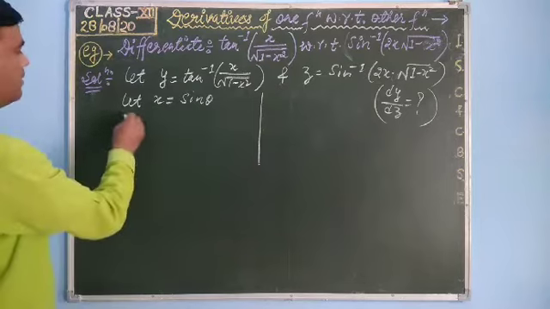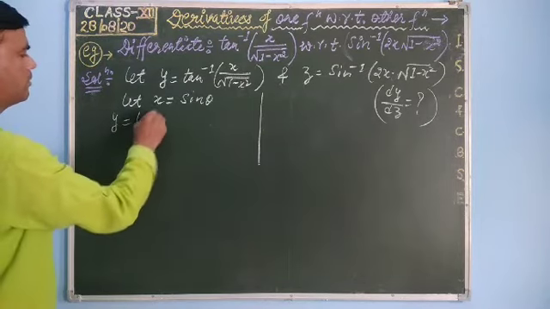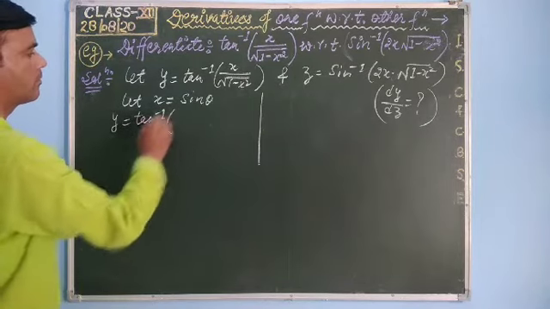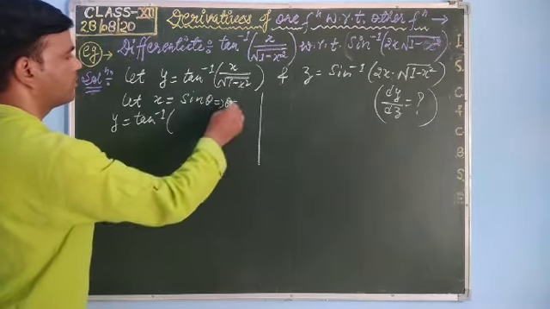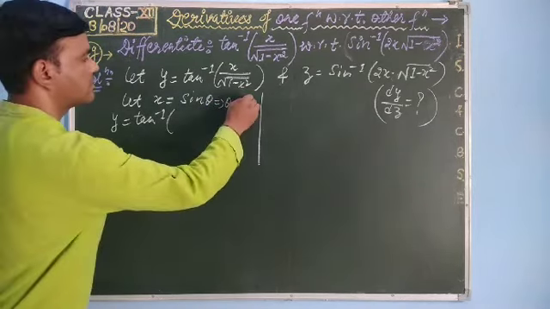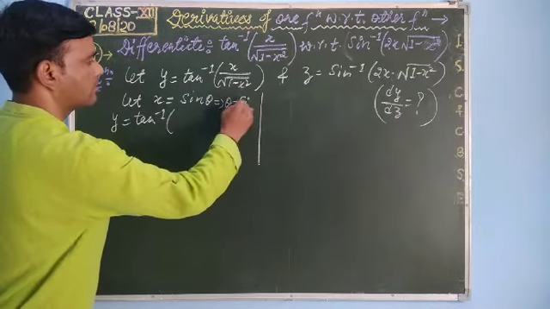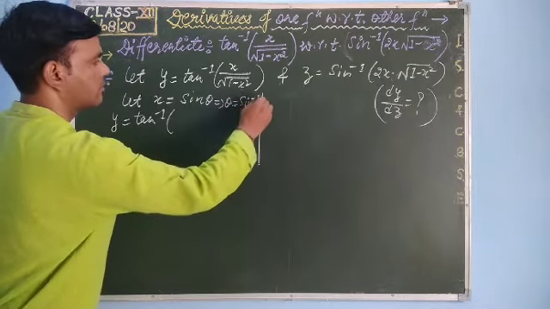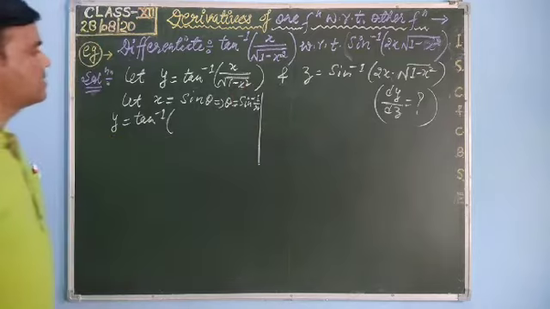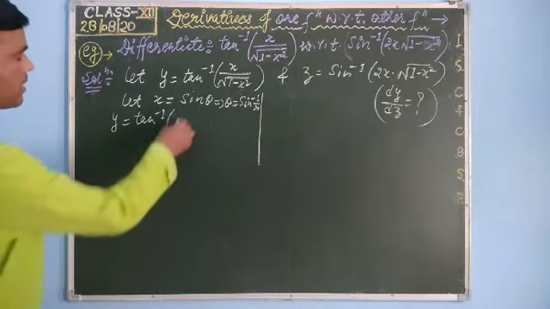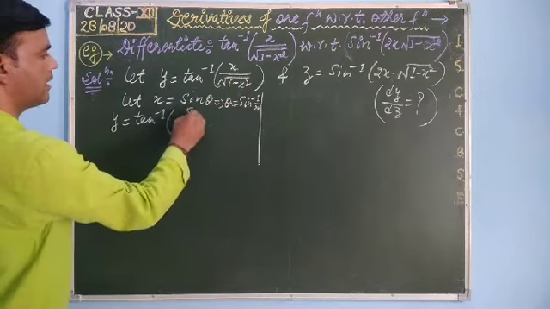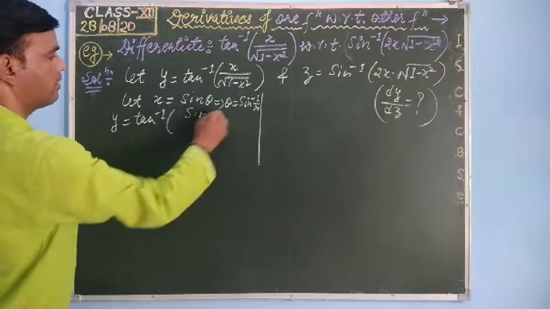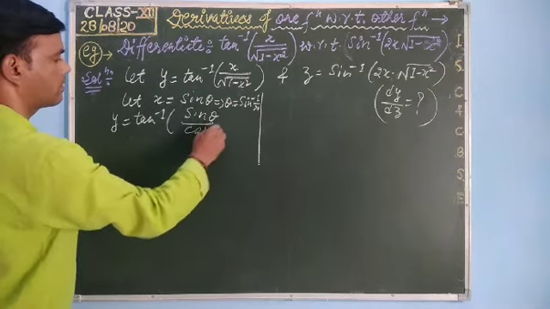So we will get y is equal to tan inverse, and this implies theta is equal to sine inverse x. If you put it here, you will get tan inverse of sin theta upon cos theta.